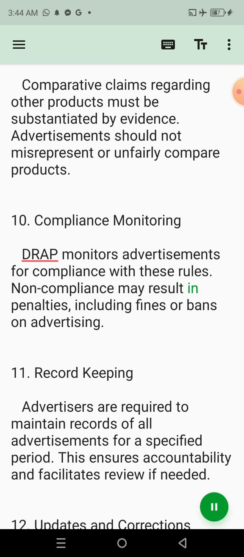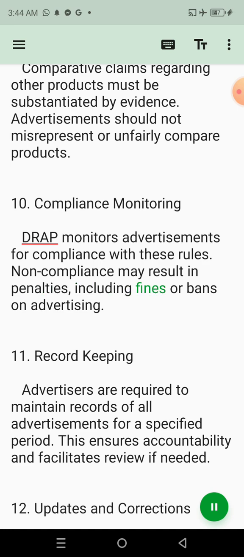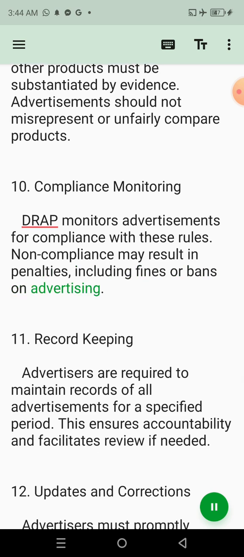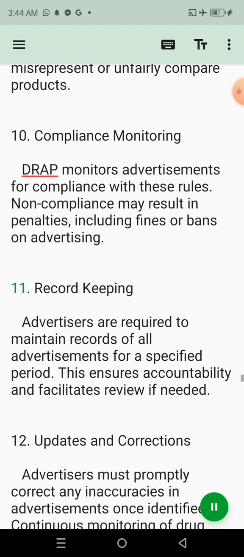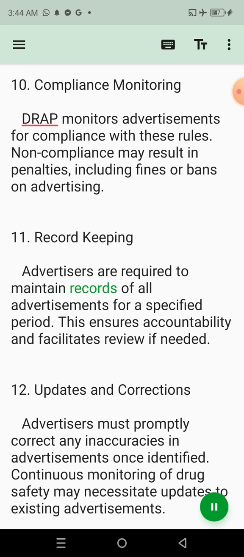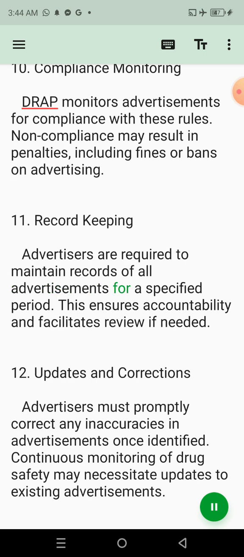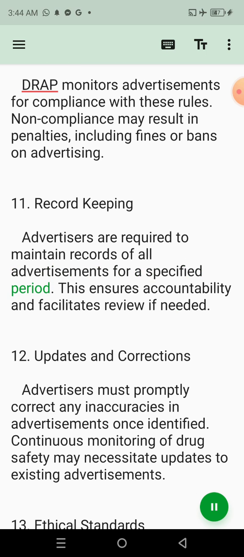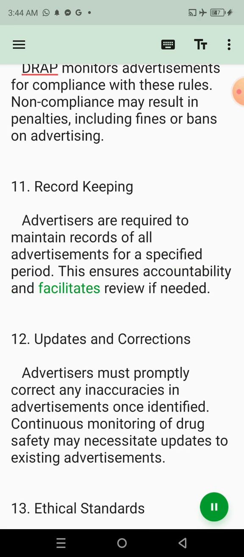Non-compliance may result in penalties, including fines or bans on advertising. 11. Record keeping. Advertisers are required to maintain records of all advertisements for a specified period. This ensures accountability and facilitates review if needed.